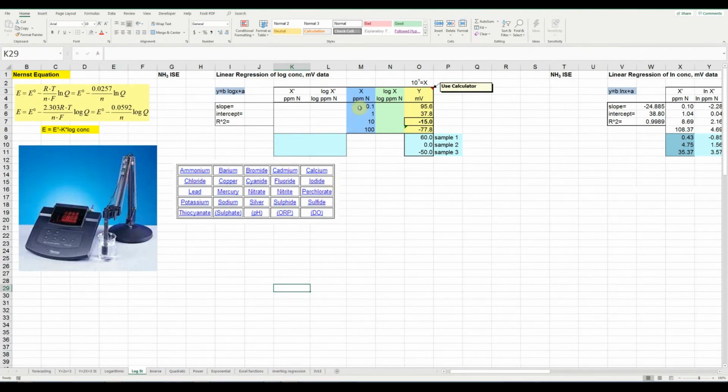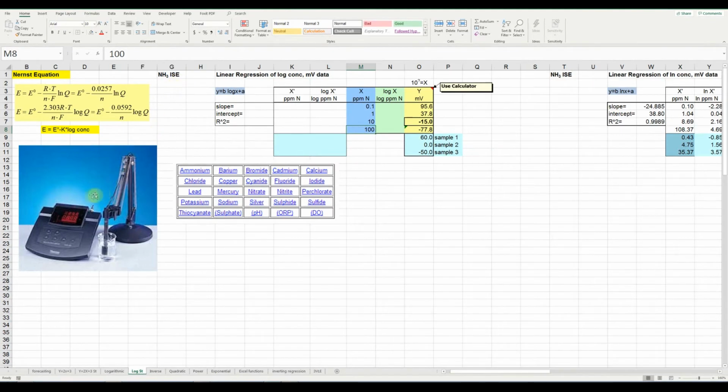So this is the same data. What we have here is the concentration of ammonia reported as ppm nitrogen, 0.1, 1, 10, and 100 ppm. And this is an instrument response to that. Now the instrument we're using is called an ion selective electrode, ISE.